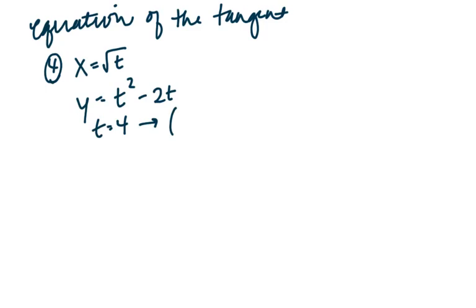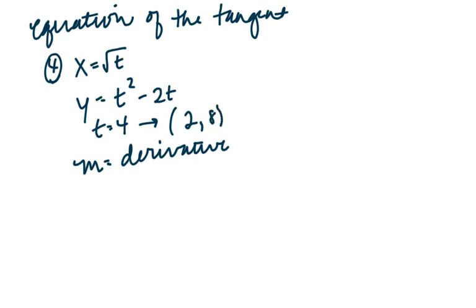Remember this t equals 4 because to find the equation of the tangent line, you need the slope and a point. And the slope comes from your derivative, and so we need a point. Let's go ahead and find that point. When t equals 4, x is the square root of t, which is 2. And when t equals 4, y is t squared minus 2t. So y is 16 minus 8, which is 8.